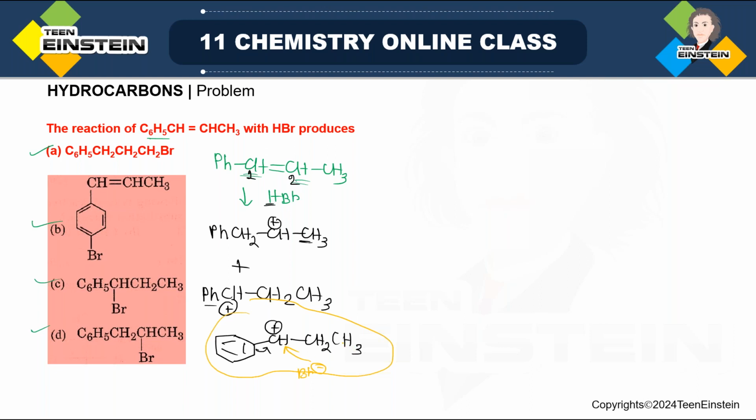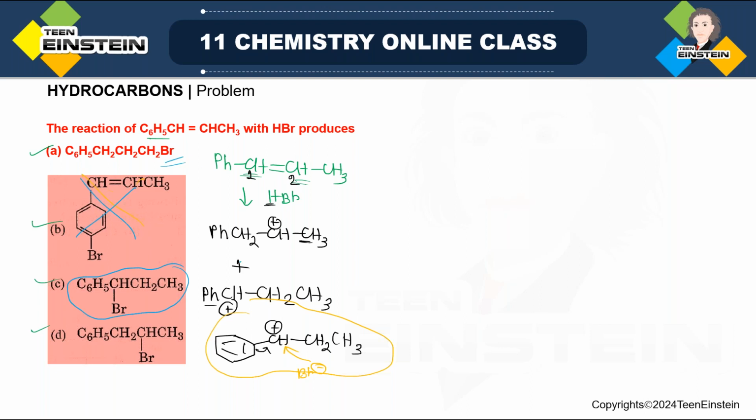So here among all the options, this you can easily cancel. Why? Because the product will be the addition of HBr. The product cannot contain any C=C double bond. Now options A, C and D. This will be the correct one, this one, right? Ph CHBr CH2CH3.